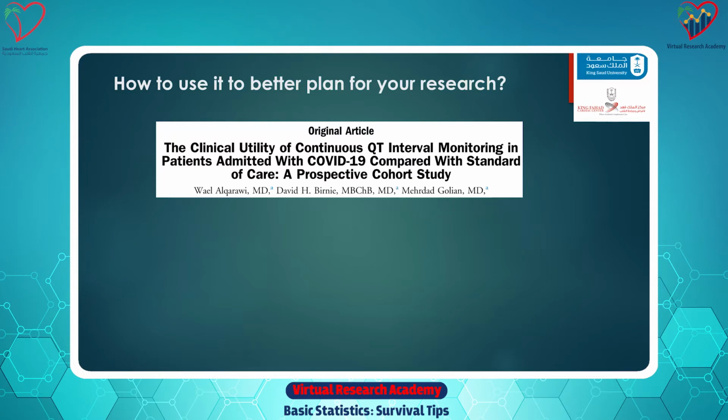You'll remember early on in the COVID-19 pandemic, we used multiple drugs that prolonged the QT interval. For the non-clinician audience, QT interval is an electrical parameter that if it's prolonged, it increases the risk of malignant arrhythmias and death. And the standard way of monitoring that is by doing electrocardiograms every day.